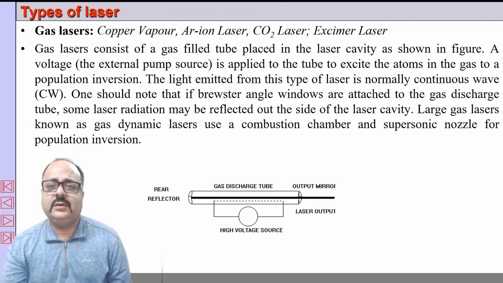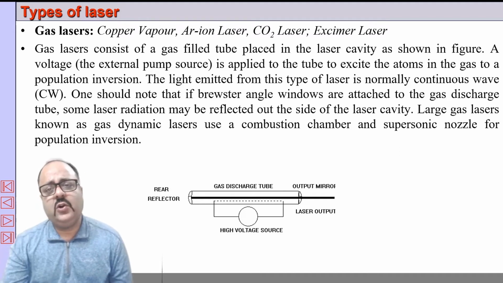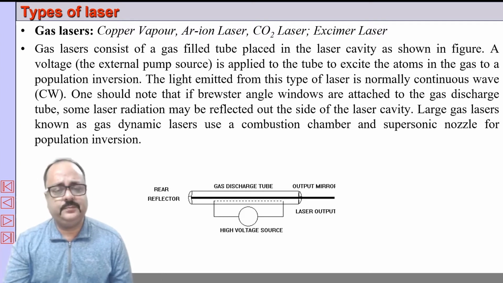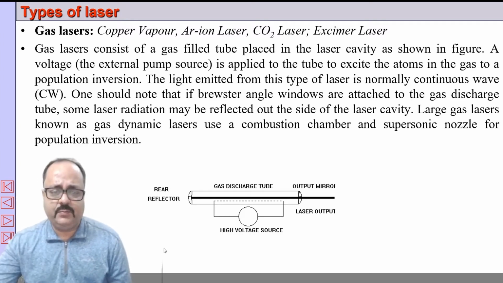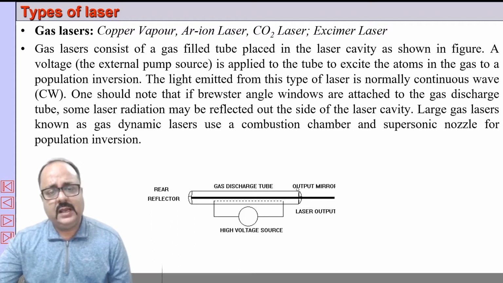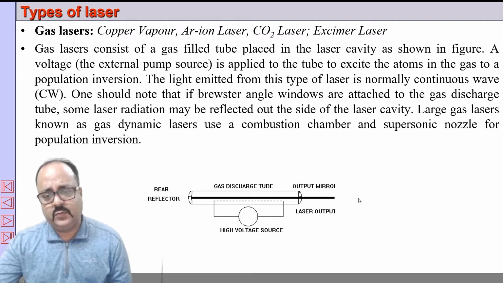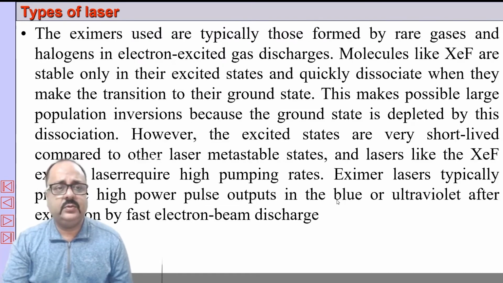So industrially, CO2 and Excimer lasers are the very popular gas lasers, and CO2 is much more popular than Excimer. Here we pump it through a high voltage source, the discharge takes place, the lasing output is reflected, and through a lens and slit the laser comes out.